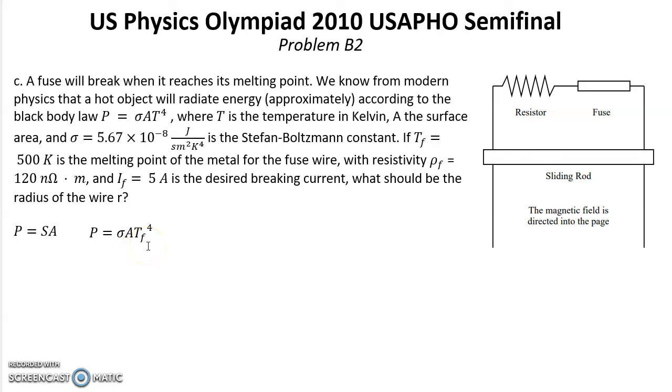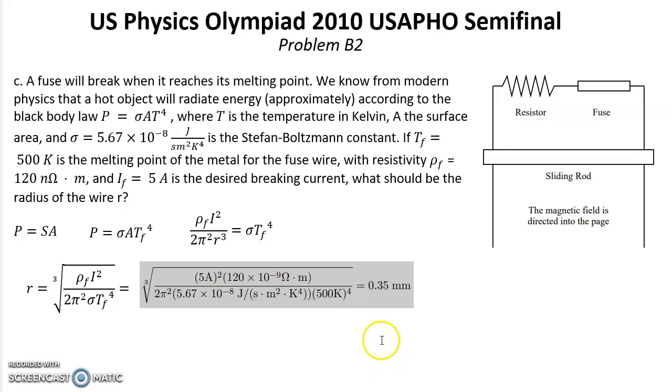So now we can just equalize these powers. So this side area cancels, and we have the equation that the Poynting vector which we counted earlier equals sigma T fuse to the power 4. From here we can count the radius of this wire. That will be this expression, and when we put in numbers we can count the radius. That will be 0.35 millimeters. That's the answer for part C.